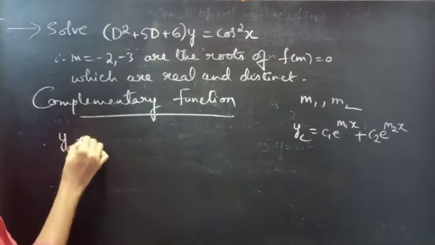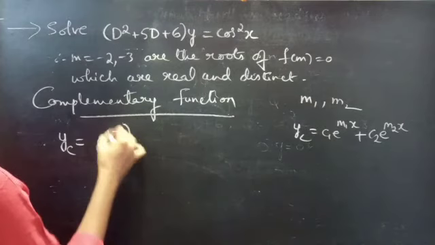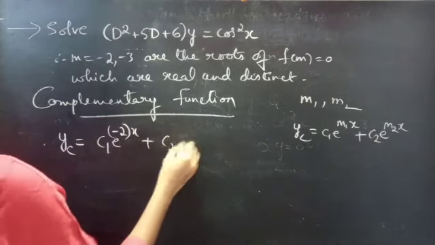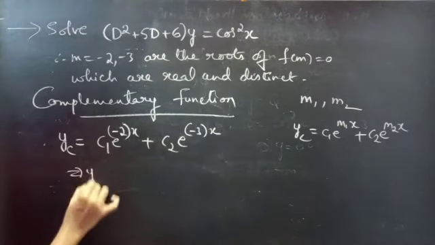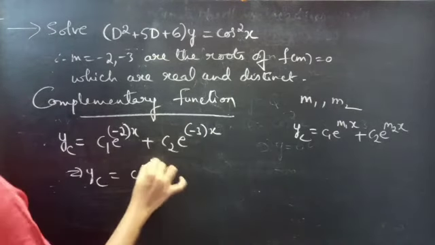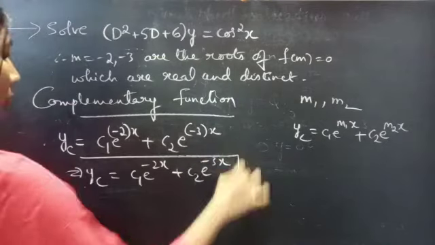Then we'll get y equals c1 e power minus 2x plus c2 e power minus 3x.